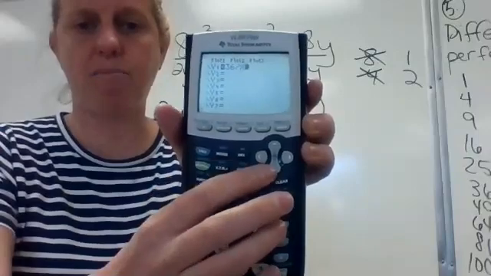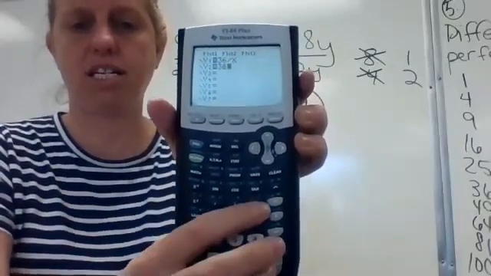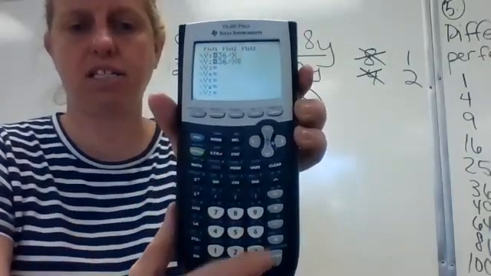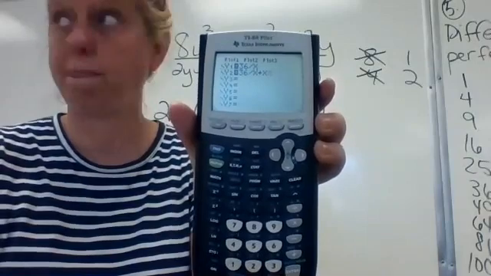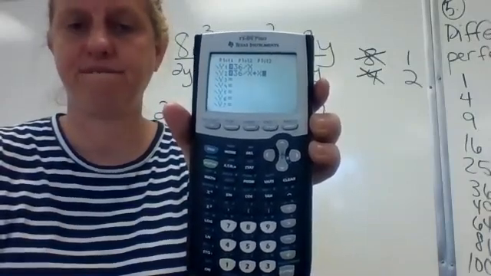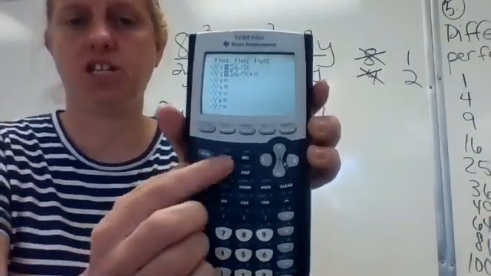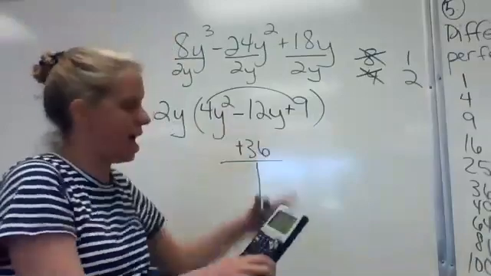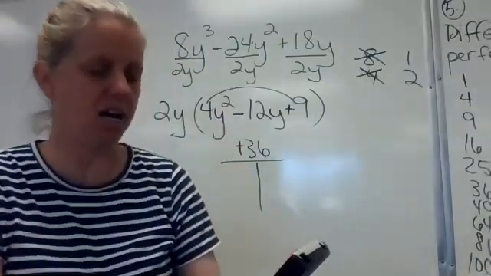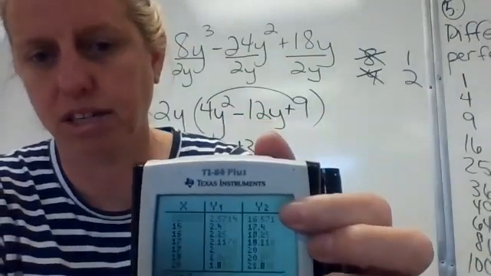So 36 divided by x. Then do it again. 36 divided by x, toss in a plus x. Then hit your table. Second table, I am looking for negative 12 in my last column.